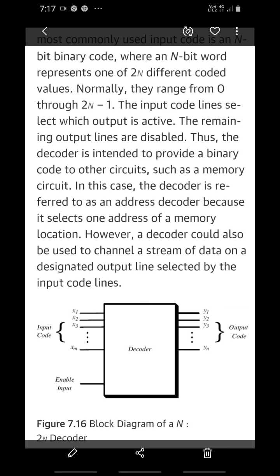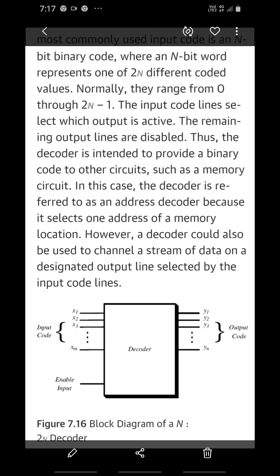Therefore, the decoder is intended to provide a binary code to other circuits, such as a memory circuit. In this case, the decoder is referred to as an address decoder because it selects one address of a memory location.